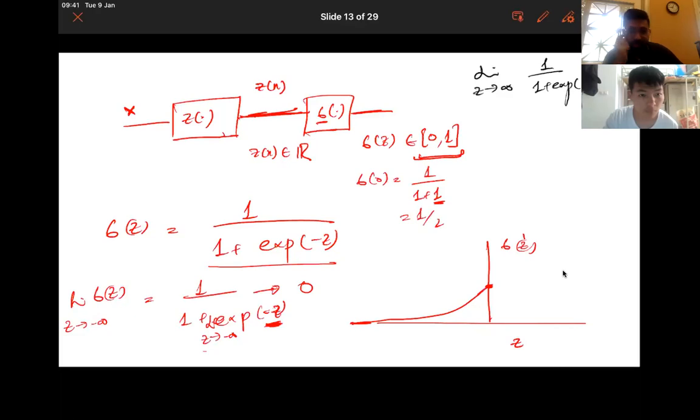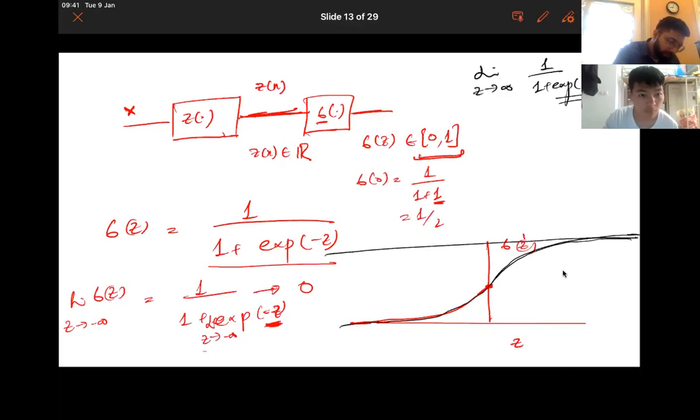I want to see some yeses, okay. So as this approaches 0, 1 divided by 1 would be equal to 1. So something like this. So it does indeed asymptotically reach 1 and it asymptotically reaches 0.